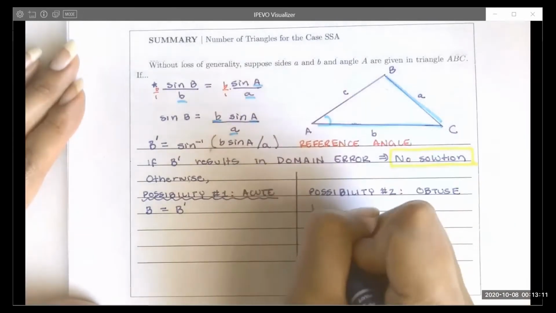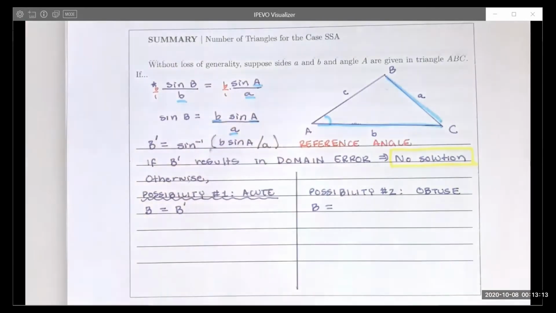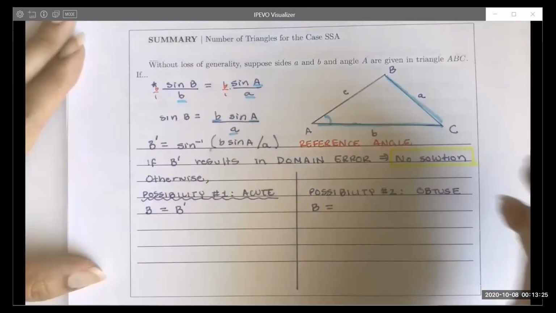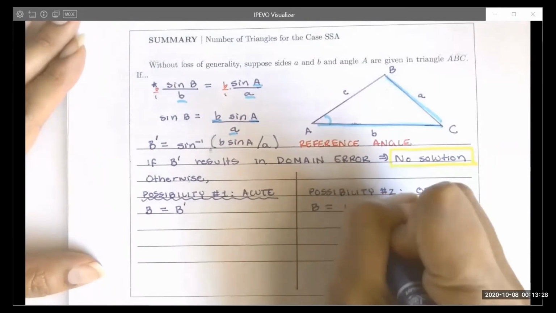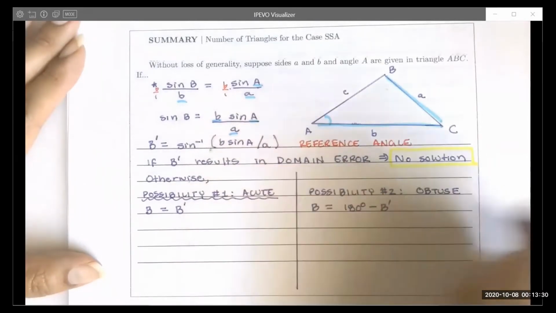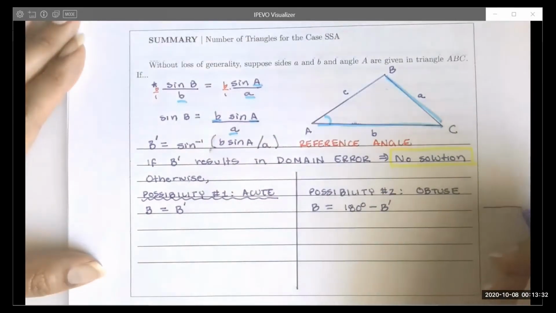And in this case, B is actually going to be, remember, to get an obtuse angle, that means that we're looking at something that is between 90 degrees and 180. So we would have to take 180 minus the reference angle to get B. So think about it like this.